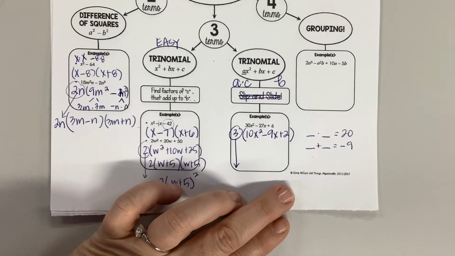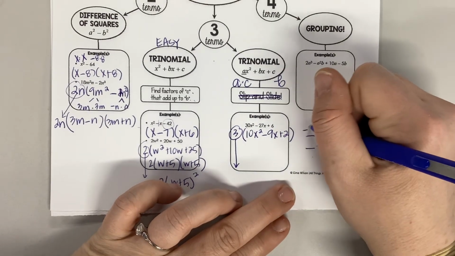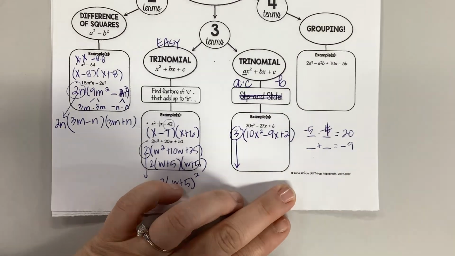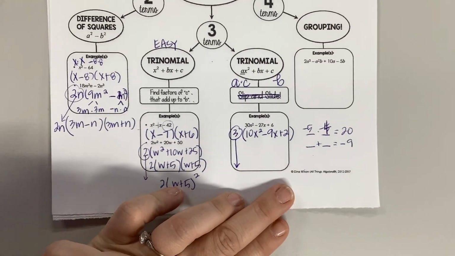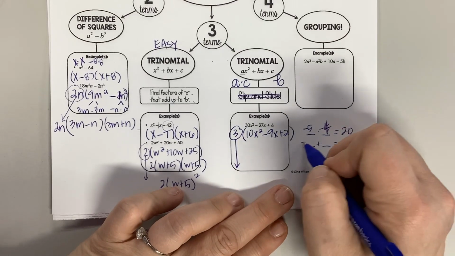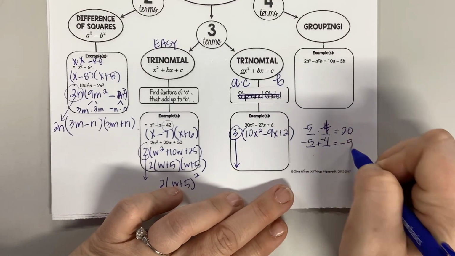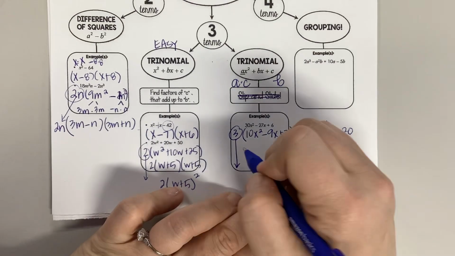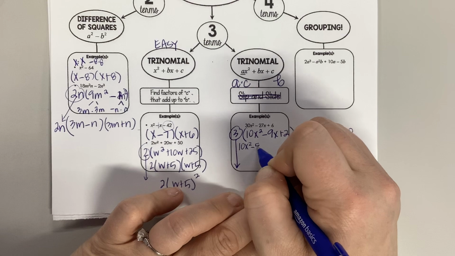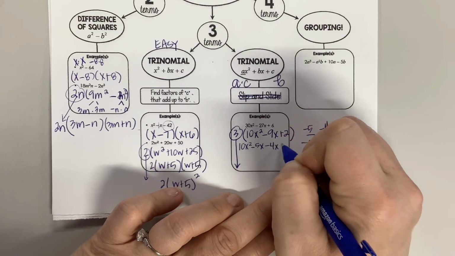Negative 5, negative 4. Negative 5 times negative 4 is positive 20. Negative 5 plus negative 4 is negative 9. So I do 10x squared minus 5x minus 4x plus 2.